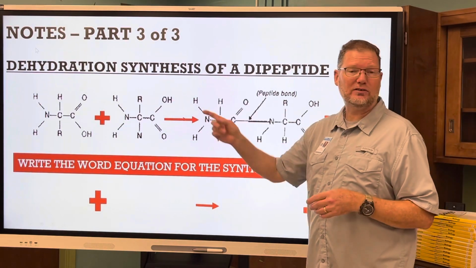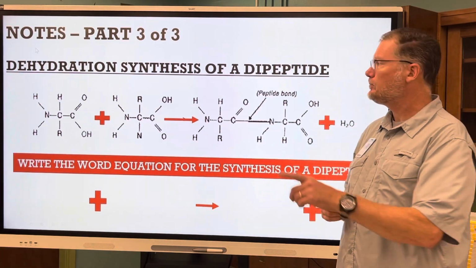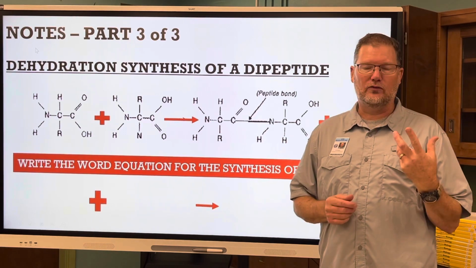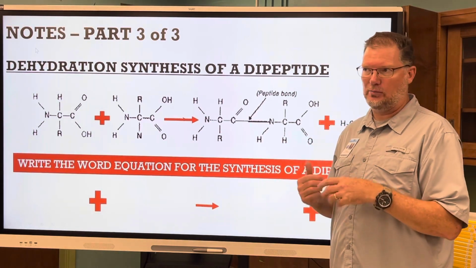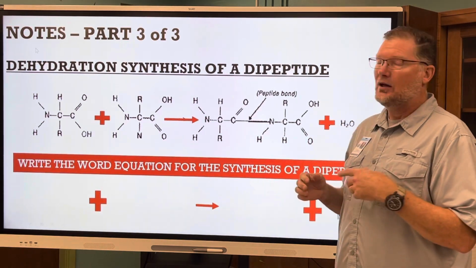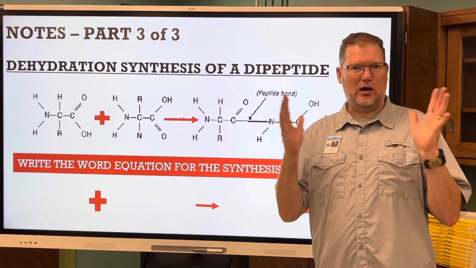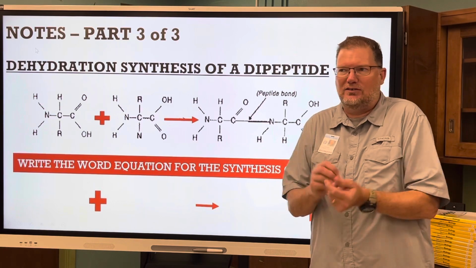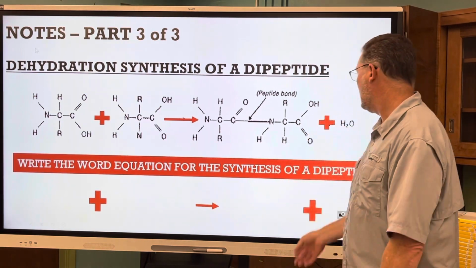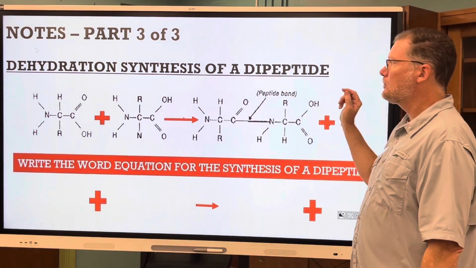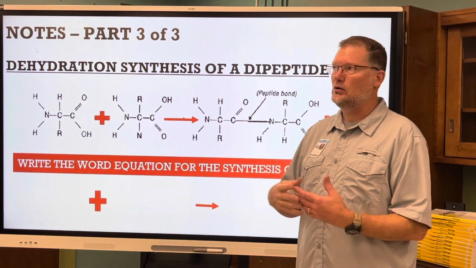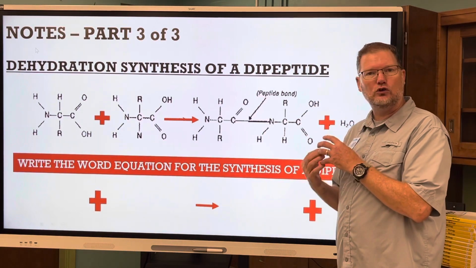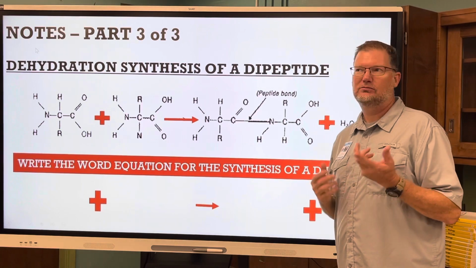It's done by the process of dehydration synthesis of that molecule, in this case a dipeptide, okay? It seems like great big words, so scary. It's not really, right? Dehydrated means taking the water out. Piece of cake. The water comes out, okay? Synthesis means making. So we're making a new molecule by taking water out.